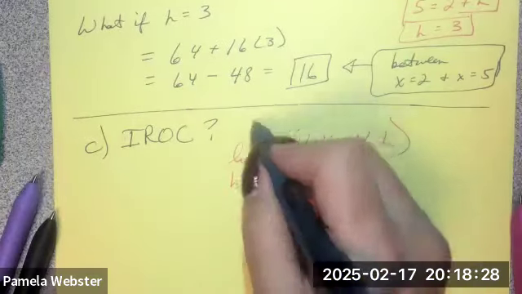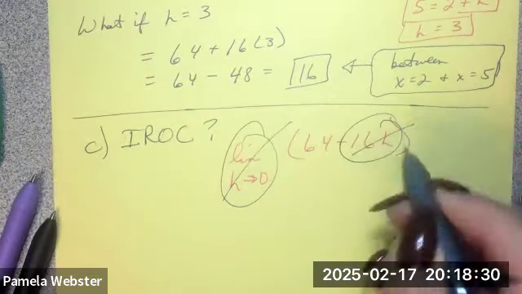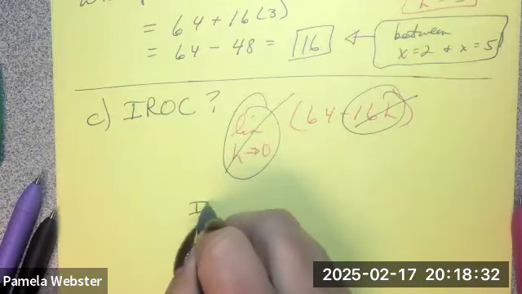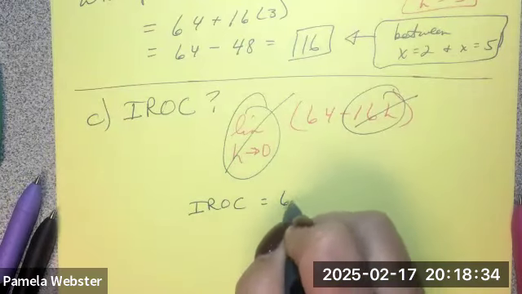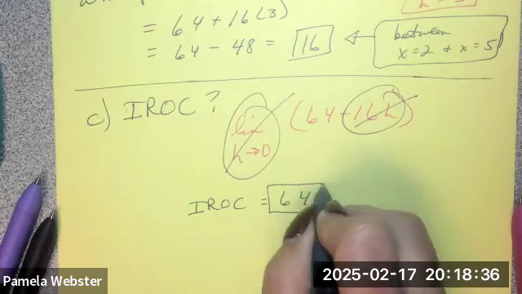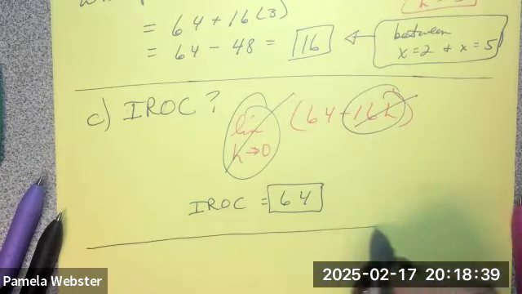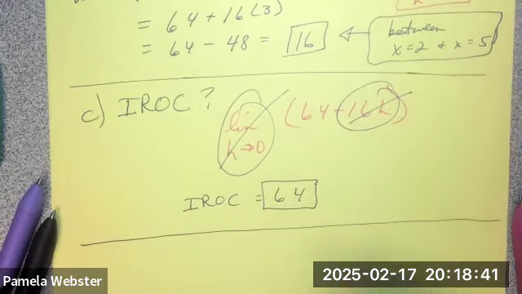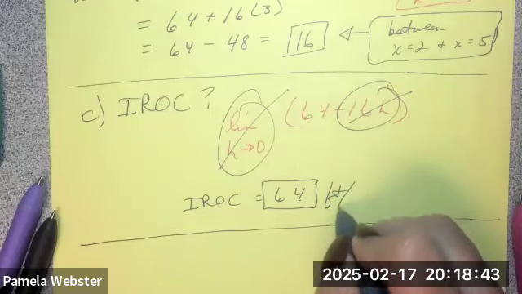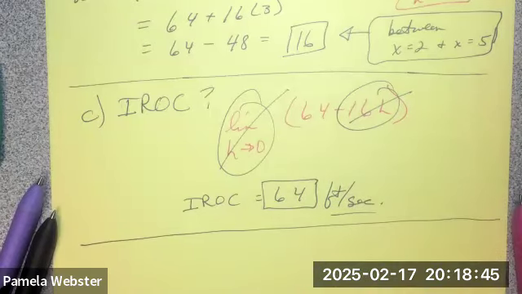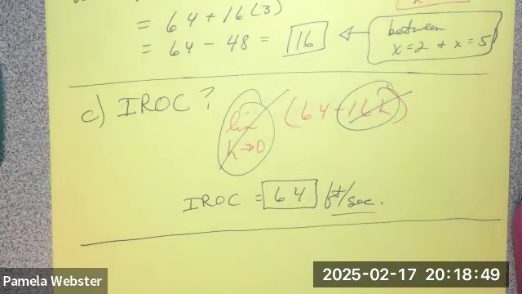Well, that's not hard to do, right? Make that h a 0. The IROC here would be 64. So the instant rate of change for this ball dropping is 64. And just to keep up with my units, it was feet per second. Okay. Instant rate of change at x equals 2.